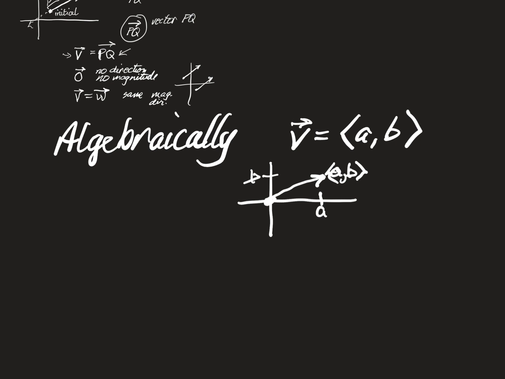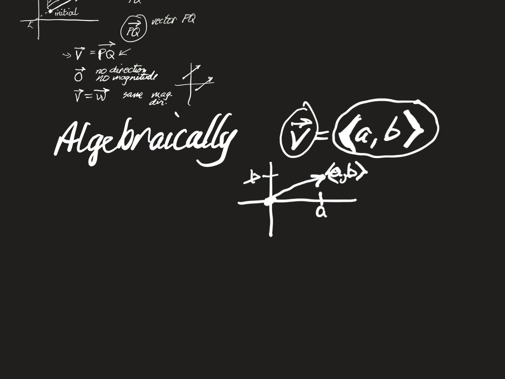Now, I want you to notice the notation. We always put the arrow over a single letter, but if we write a vector in component form, we don't use parentheses, we use these chevrons. They call them chevrons. Chevron parentheses to represent a vector. Now, A and B are just real numbers, and so if we draw this vector, then this vector is in component form. And A and B are just numbers, they're scalars.